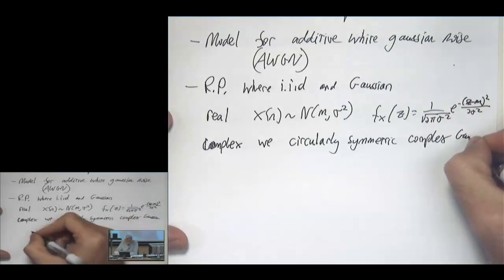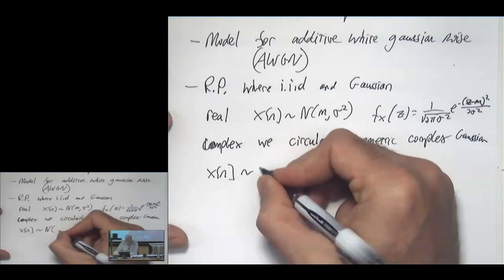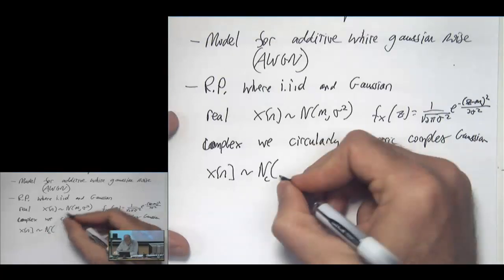And this is a special kind of complex random process. So we say that x of n is distributed as n of, and I often put the c there, but since we usually just deal with this one, I might omit the c.